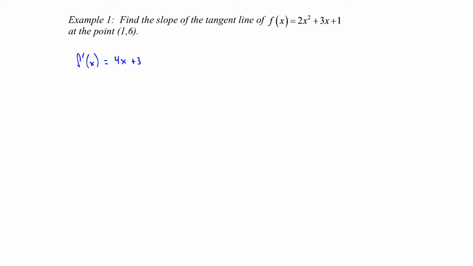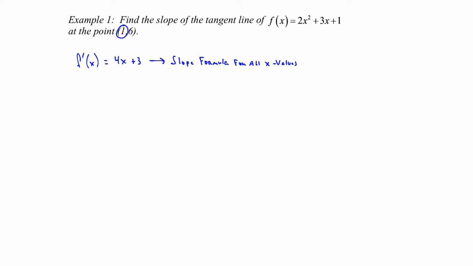But that doesn't necessarily give us that slope. So then what do we do? Well, because we're looking at a very specific point, we're looking at when x equals 1. This derivative is what I'll call the slope formula. This derivative gives us that slope for any value of x, so I'll say for all x values.